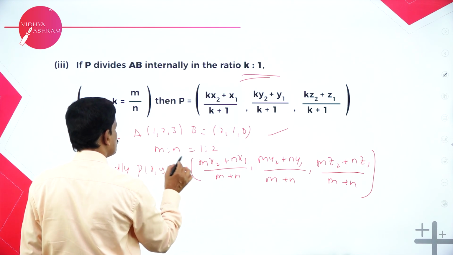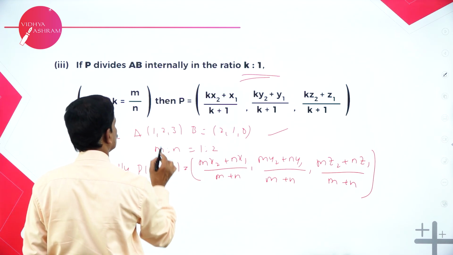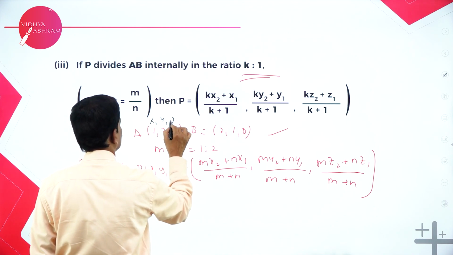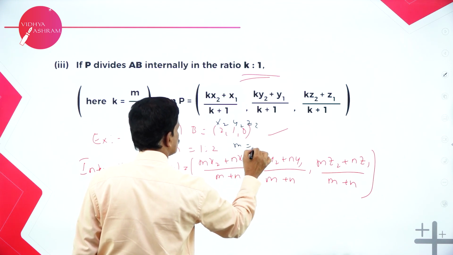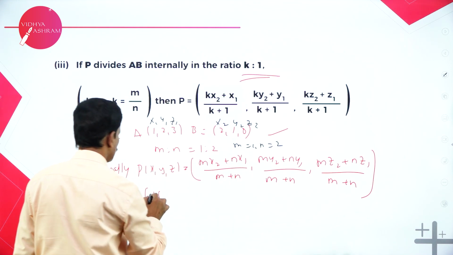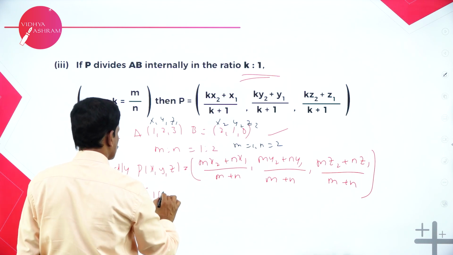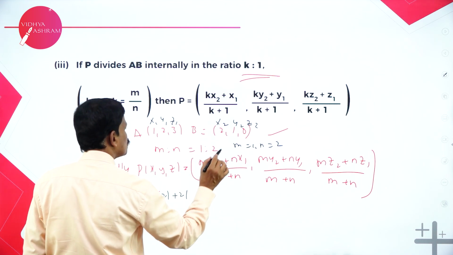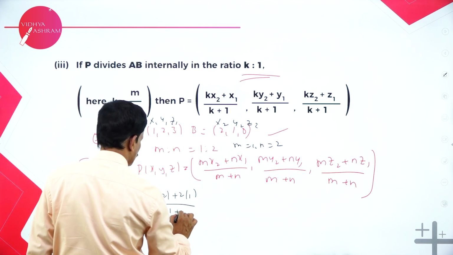So what is m? This is (x1, y1, z1), this is (x2, y2, z2). m is equal to 1 and n is equal to 2. So, m is 1 into x2, what is x2? x2 is 2, plus n is 2 into x1, x1 is 1, divided by 1 plus 2.